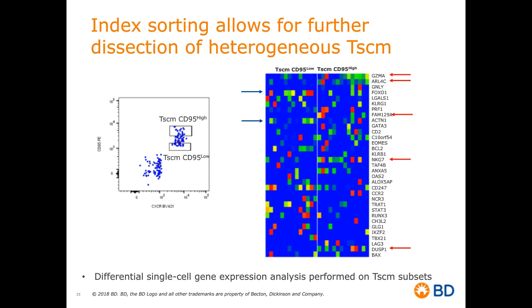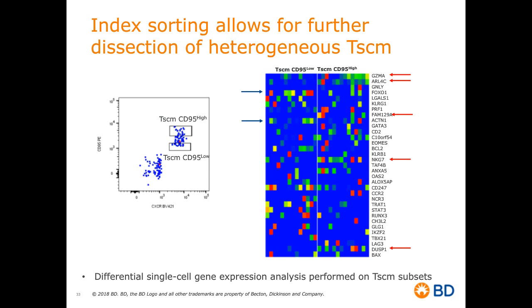So instead of repeating the sort, we can draw a narrower gate, and in this case, we're analyzing on the left the 20 cells that express the highest level of CD95 and 20 cells that express the lowest level of CD95. And in real time, we can now recalculate the differential gene expression analysis.